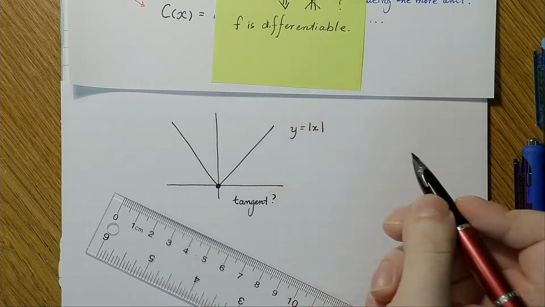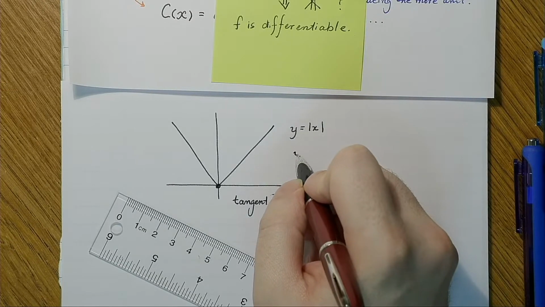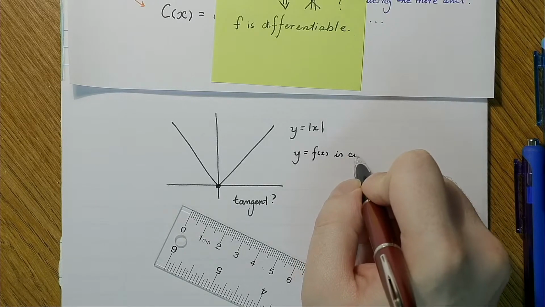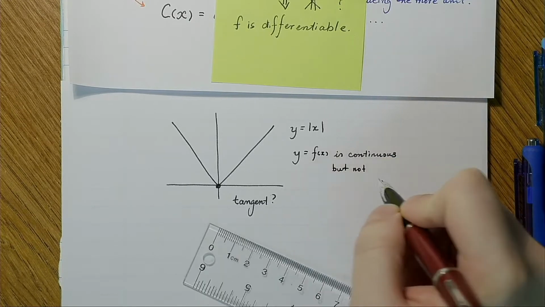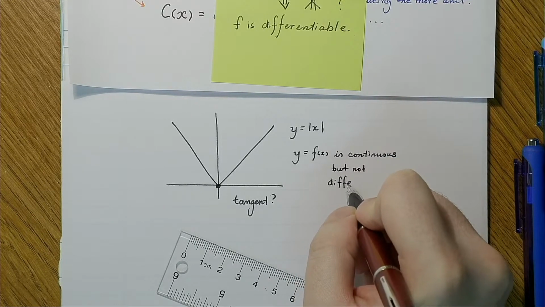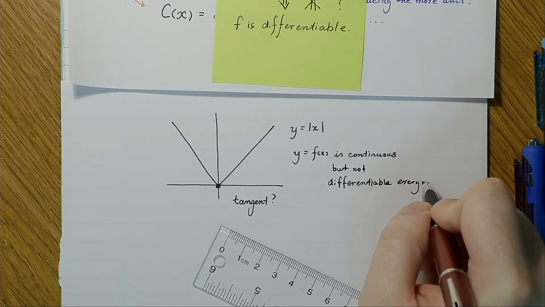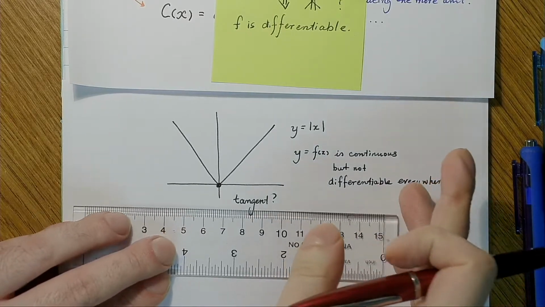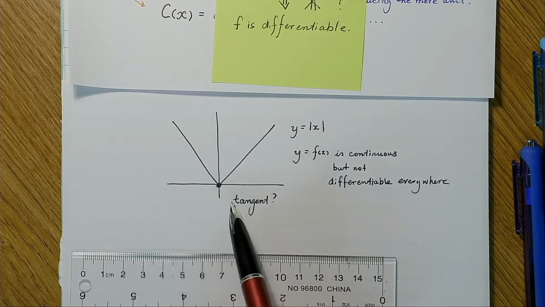So at this point, x equals 0, I can't draw a tangent. It doesn't exist. So in this case, f of x is continuous, but not differentiable everywhere. Could it not be a horizontal line? Sure, it could be a horizontal line, like I've drawn right here, like with the x-axis.